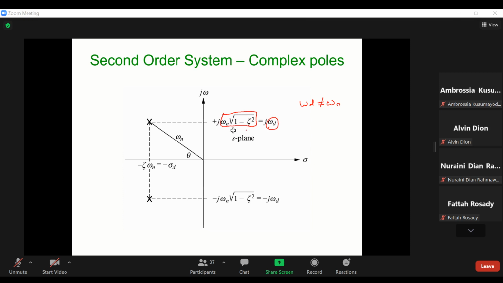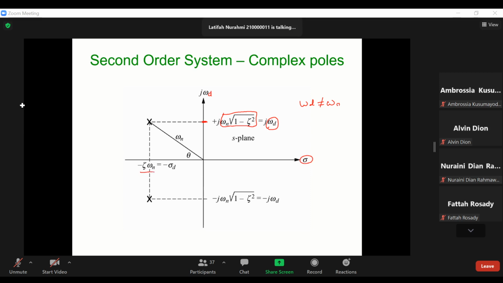Okay. And now this is for the imaginary part. All right. So we know the imaginary part contains omega d. How about the real axis, sigma? The real axis is composed of this one. Let's take a look at the left side.